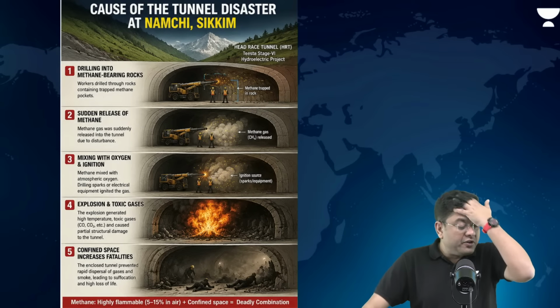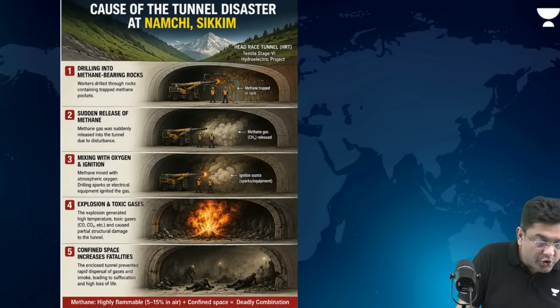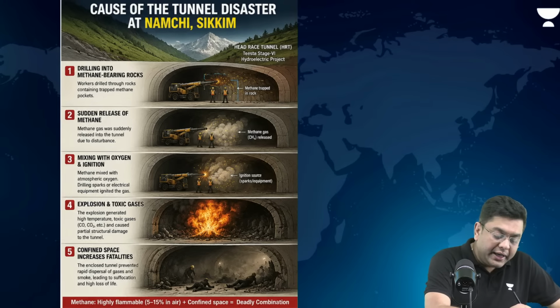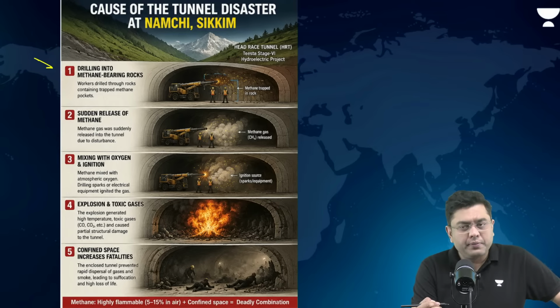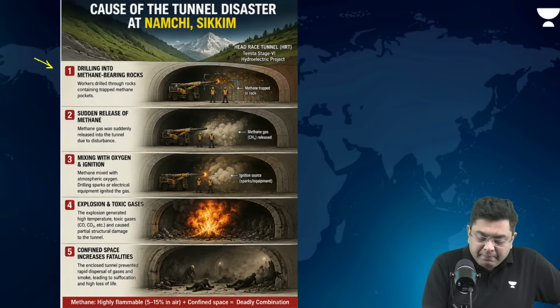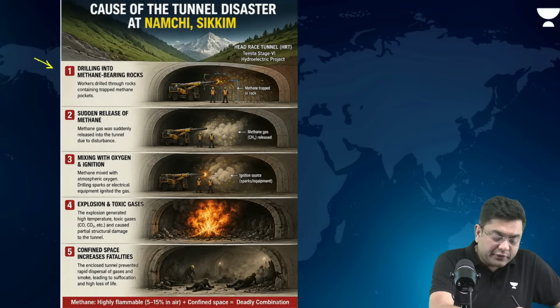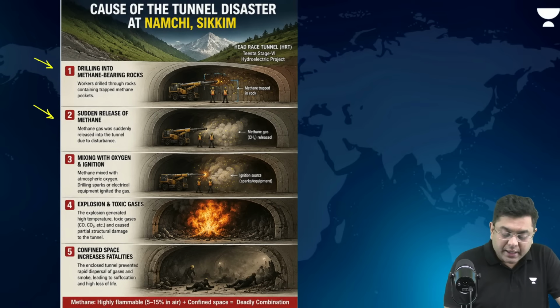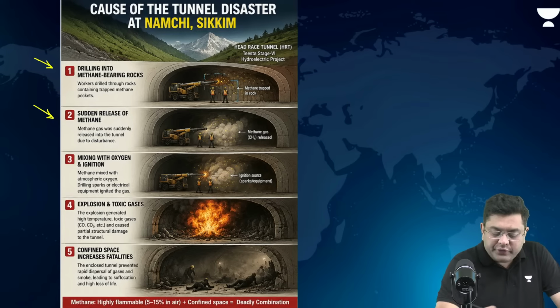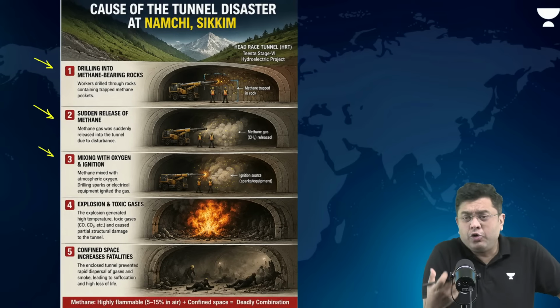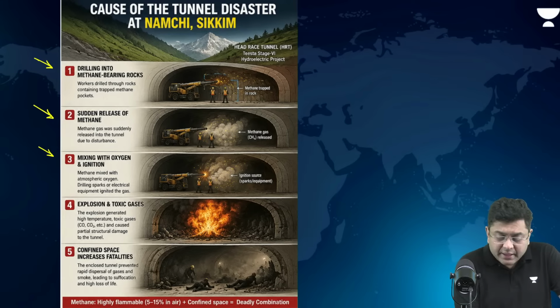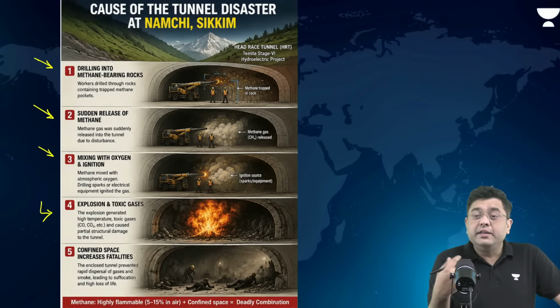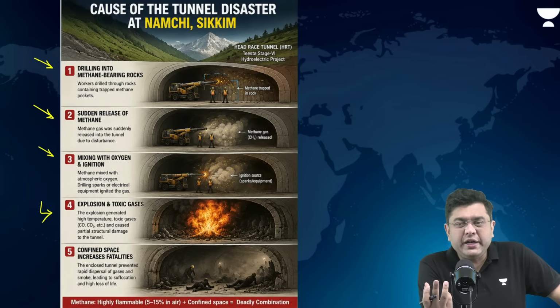Now, here, this is the schematic representation of what actually happened. Drilling into the methane bearing rocks was initiated. Methane, which was already trapped in the rocks, started to be released suddenly. Now it mixed with oxygen, which allowed for combustion to happen. Then you had the case of sparks leading to ignition.